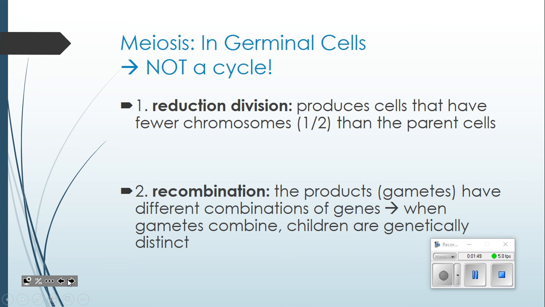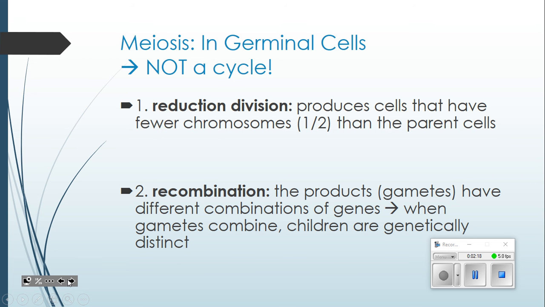Now, the two things that are on the screen are telling you the two main purposes of meiosis. If I had to pick which one was more important, it would be the one I put as number one. So if anyone ever asks you what is the primary purpose of meiosis, it is number one, reduction division. So we got two words in the title, reduction, that means less, and division, so we're dividing.